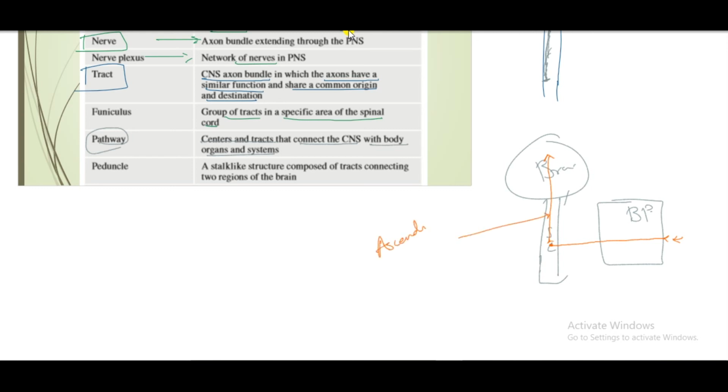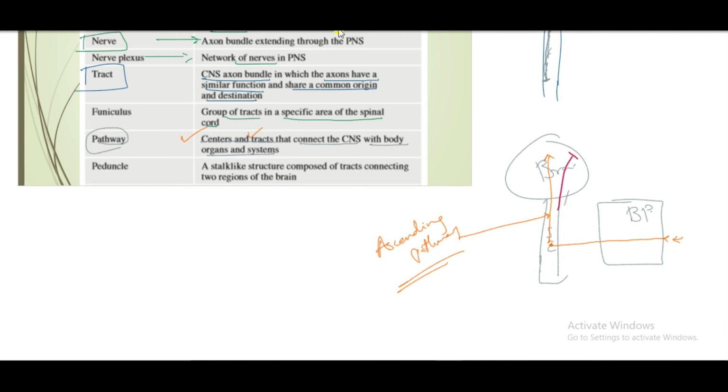This is known as the ascending pathway. So it includes both the center and the tracts that connect the central nervous system with body, organs and systems.